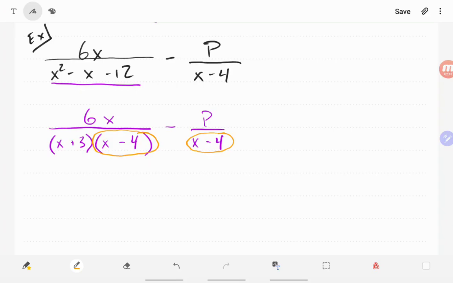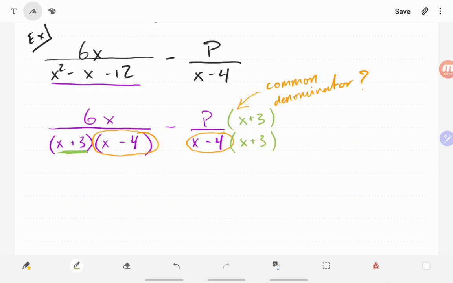So if I wanted to make my second term have a common denominator with my first term, what do I need to multiply that second term, this whole thing here, by such that it isn't missing what is in this first term's denominator? Well, it's missing an x plus 3. So what I'm going to do is multiply the top and the bottom by x plus 3.